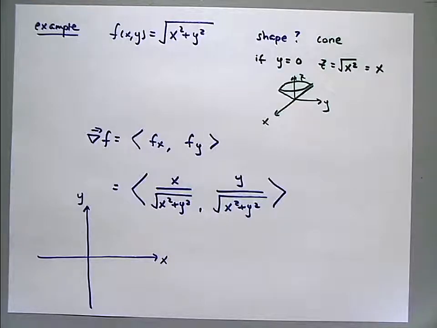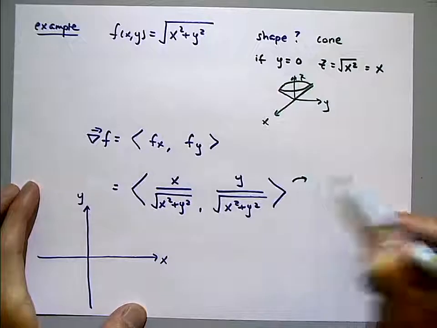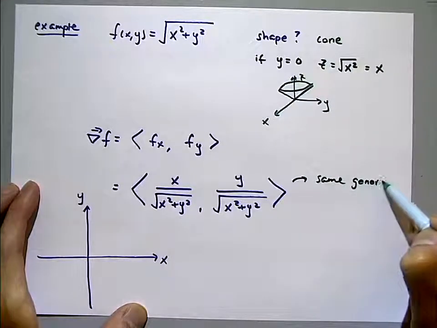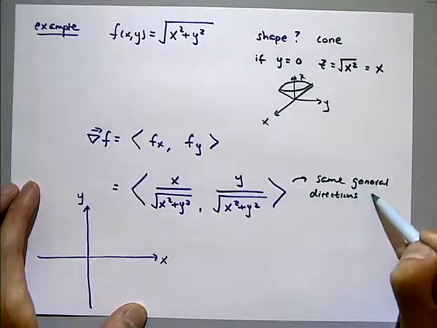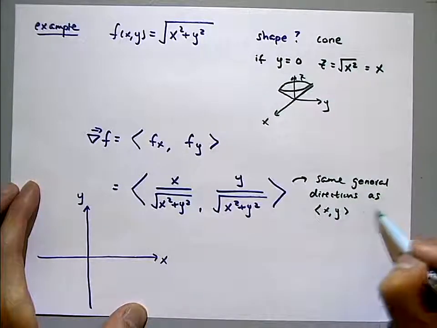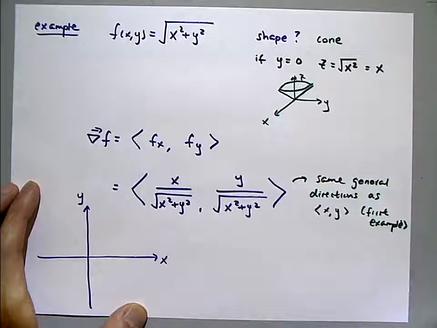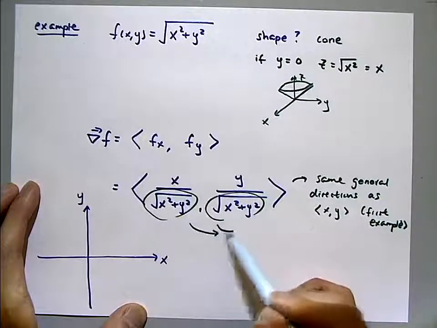So that's one thing we can do to take advantage of what we already have. It's going to have the same general directions as x comma y. That was our first example. And then these guys are just going to change the magnitudes.